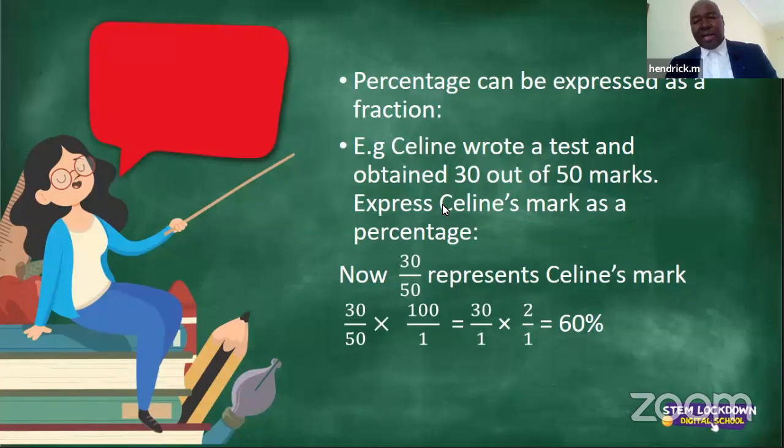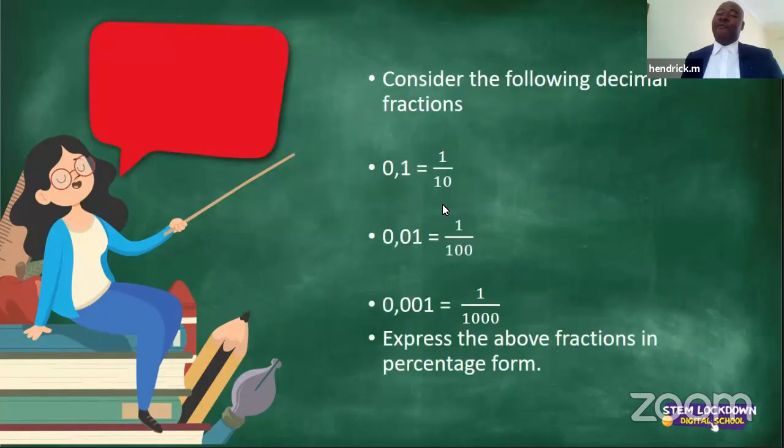You multiply by 100. That is why we multiplied 30 out of 50 by 100 to get 60%. So that is the first step, where you took a common fraction and converted it into a percentage. And then we moved a step further, where we converted a decimal fraction into a percentage.